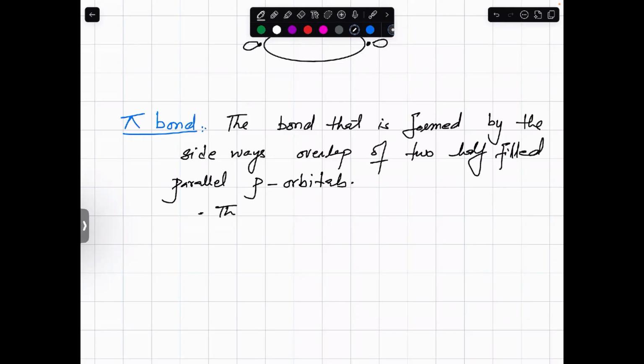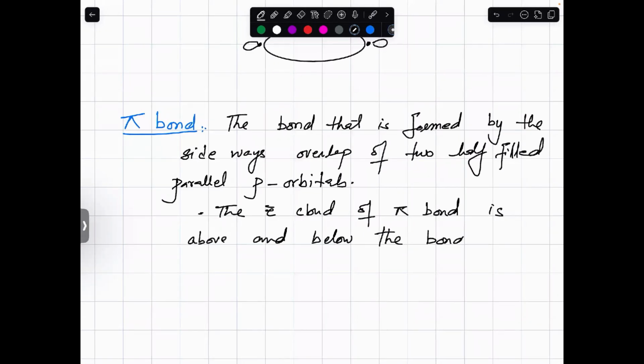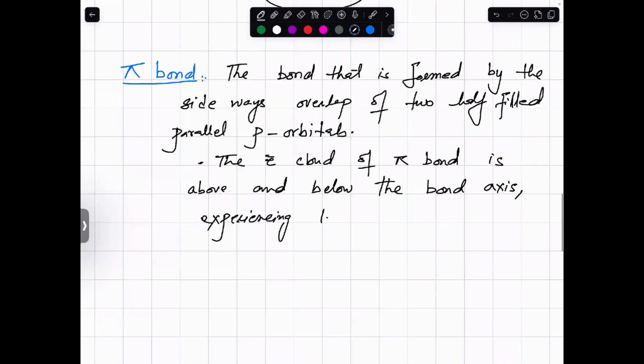The electron cloud of pi bond is above and below the bond axis, experiencing less nuclear attraction.